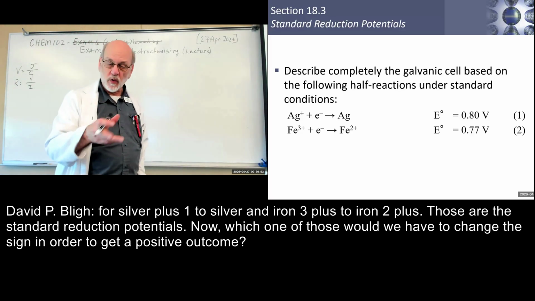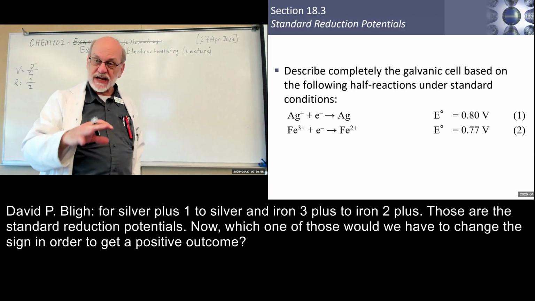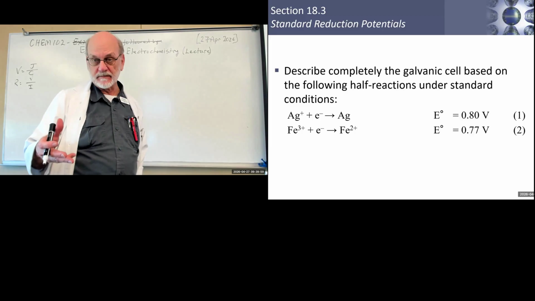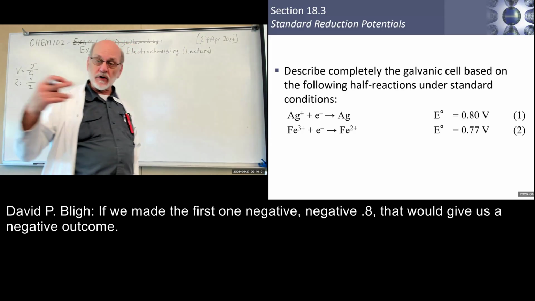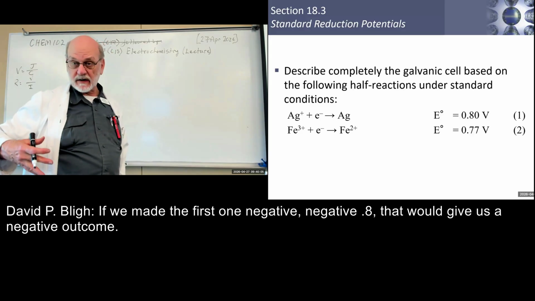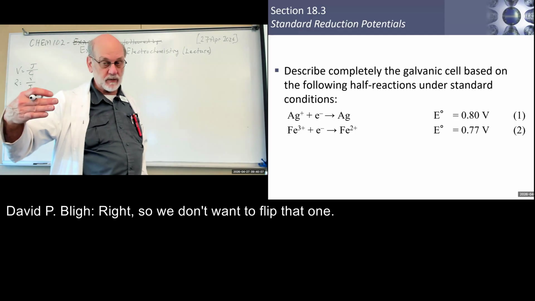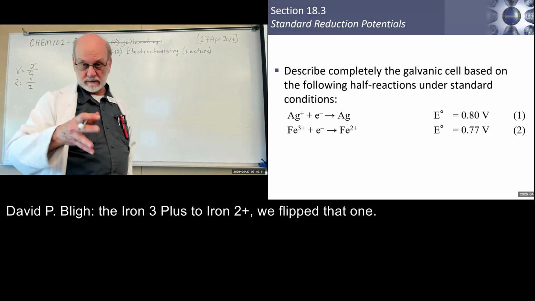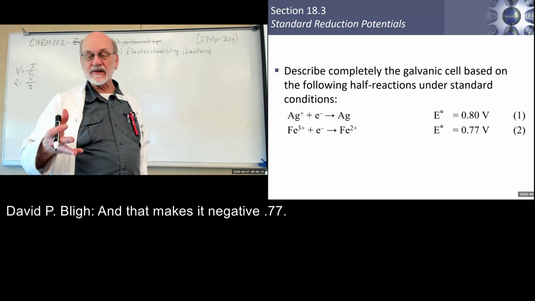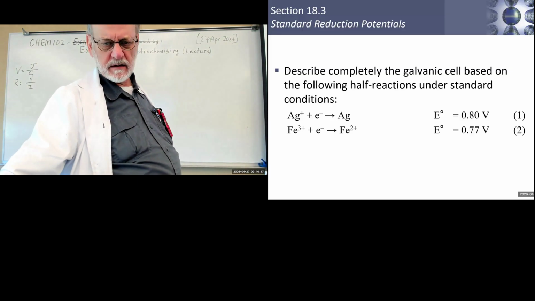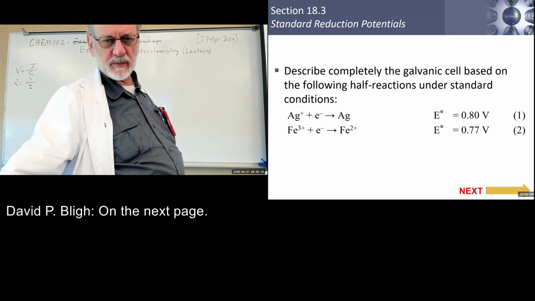Now, which one of those would we have to change the sign on in order to get a positive outcome? If we made the first one negative, negative 0.8, that would give us a negative outcome. So we don't want to flip that one. The iron 3 plus to iron 2 plus, we flip that one. And that makes it negative 0.77. Let's see, do I have that one animated on the next page?